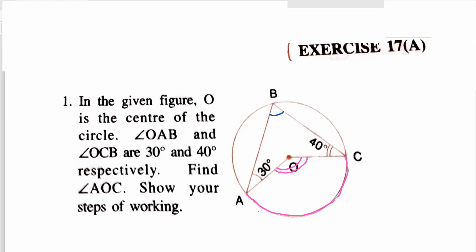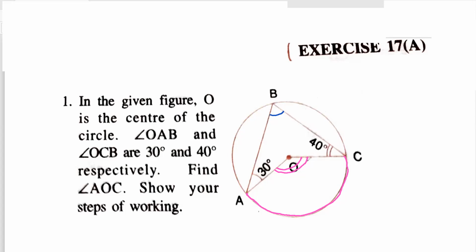If AC is the arc that we are considering, then ABC is the remaining part of the circle with respect to this arc. So AC makes angle AOC at the center, and AC makes angle ABC in the remaining part of the circle.